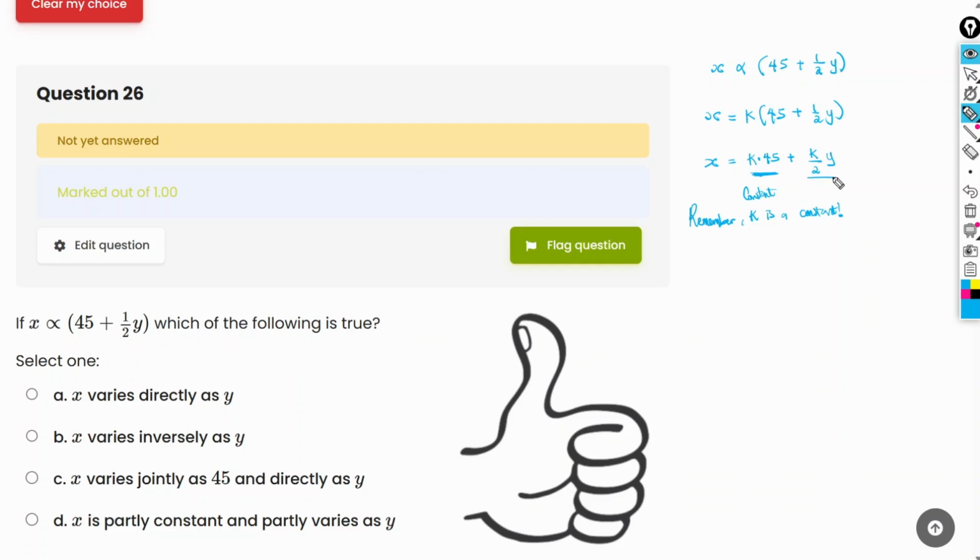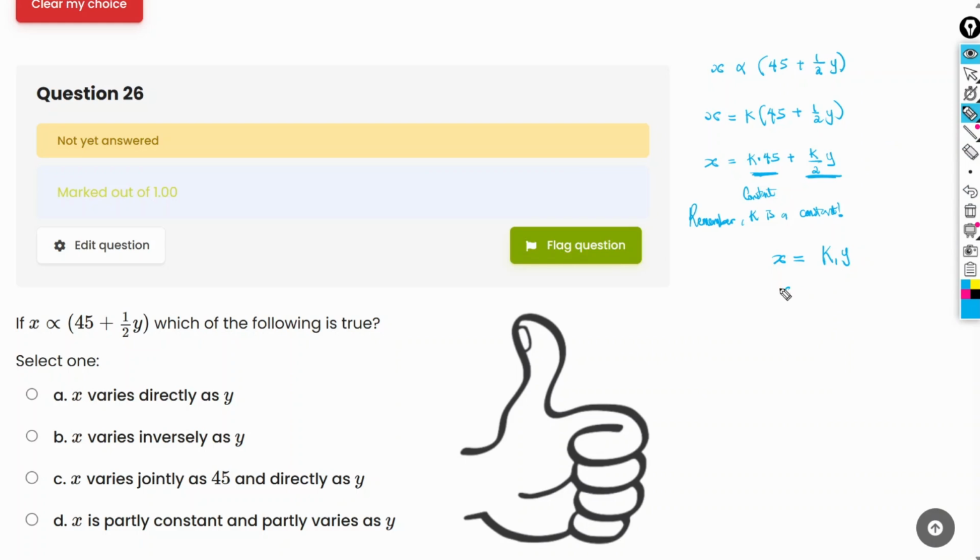So again, this part is a direct variation. Let me call that value k over 2 another constant, k subscript 1. If you are told that x is equal to k1 y and k1 is a constant, that means you will say x is proportional to y.